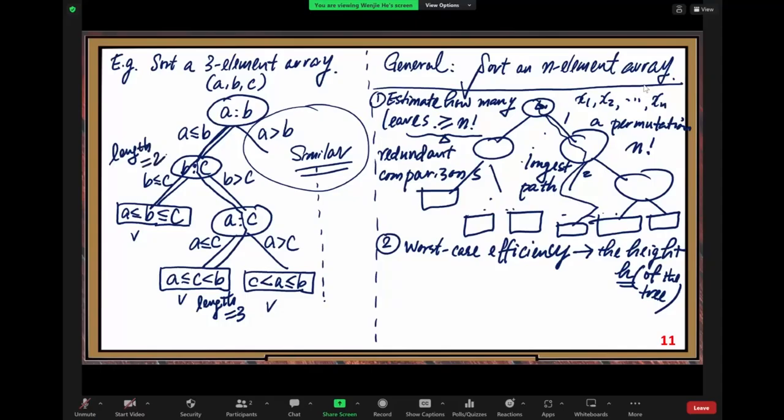But when we use the height, we use the longest one. We use the 3. We do not use 2. So that's the height. Now, the worst case efficiency corresponds to the height of the tree. So that's another representation. Next, we want to estimate the relationship between, so here, we use L to represent the number of leaves.